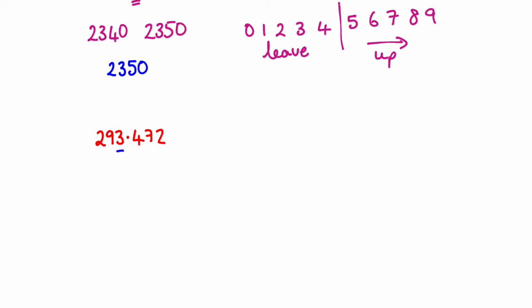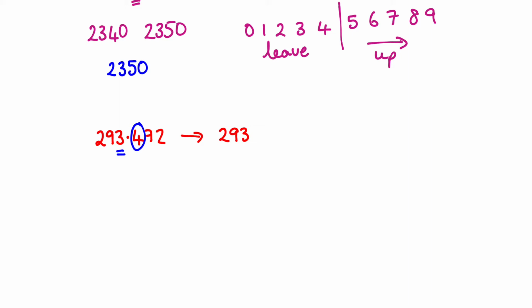And the unit is the one straight in front of the decimal point. We look at the 4 and we look at our rounding rules here. 4 is in the leave section. So we leave the 3 as it is. We don't round it up one. So our answer here is just 293. Okay, remember, you can look back at the previous videos to help you remember what we did if you need to.